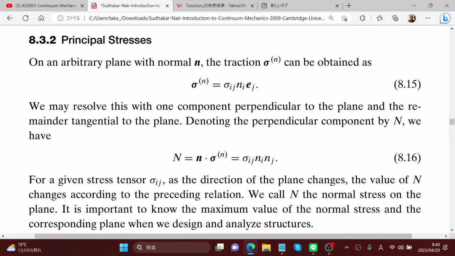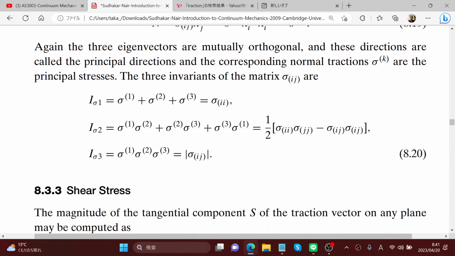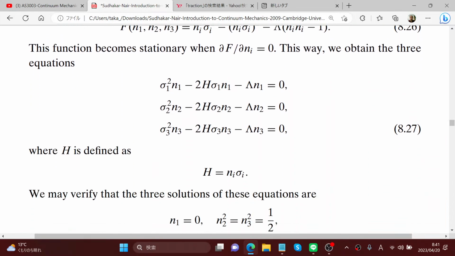We may resolve this with one component perpendicular to the plane and the remainder tangential to the plane. Denoting the perpendicular component by sigma_n, we have it equal to sigma n dot n. Okay, let me see how many pages we have. Shear stresses. Oh my god.